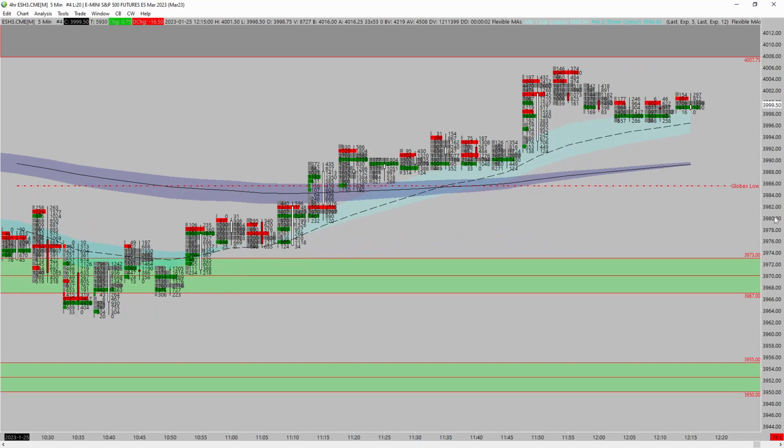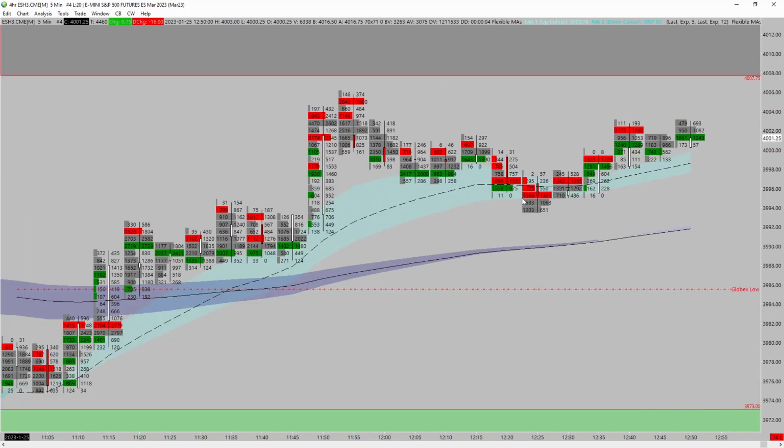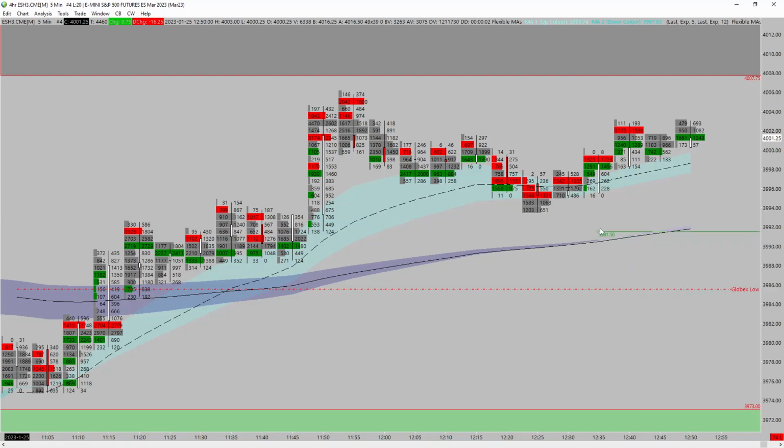So let me fix this at 1242, which would have been in this candle. I wanted an add at, what was it, 92, right? 93, I'm sorry. So obviously 93 has not traded yet, we could see, right?